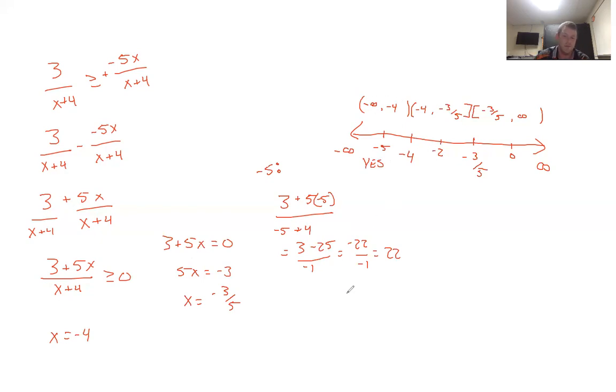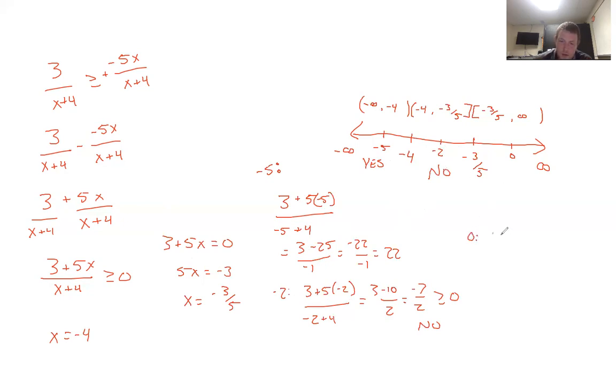Let's try -2. So 3 plus 5 times -2 over -2 plus 4. So this would be 3 minus 10 over 2. That'd be -7 over 2. Is that greater than or equal to 0? No. And then the last one, you plug in 0.